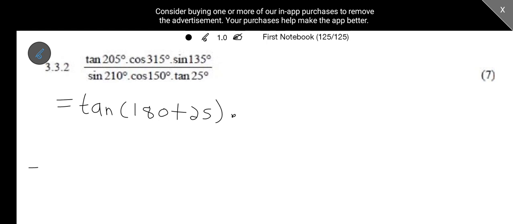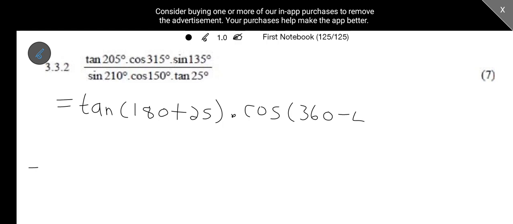And then we go to cos 315. 315 is between 270 and 360, and that is the fourth quadrant. And therefore, we're going to see the cosine of 360 degrees minus, how much do I have to minus from 360 to get 315? I have to minus 45.